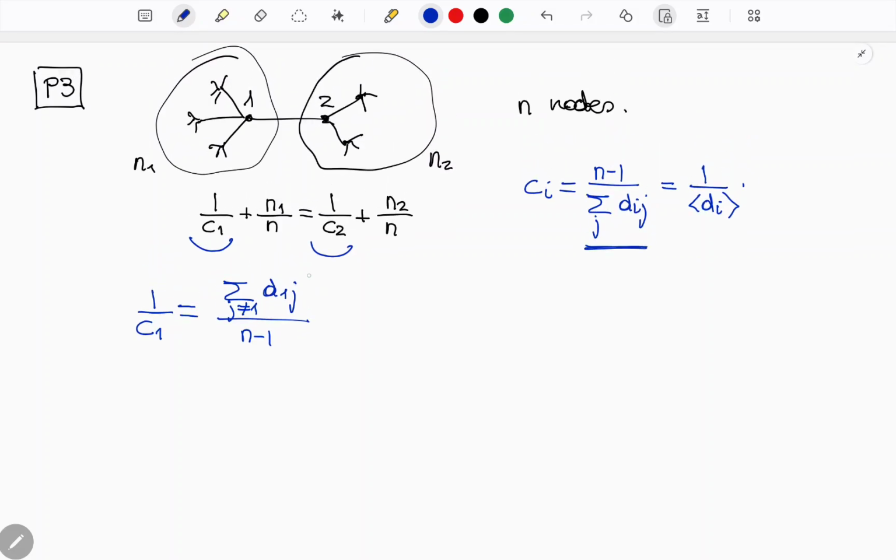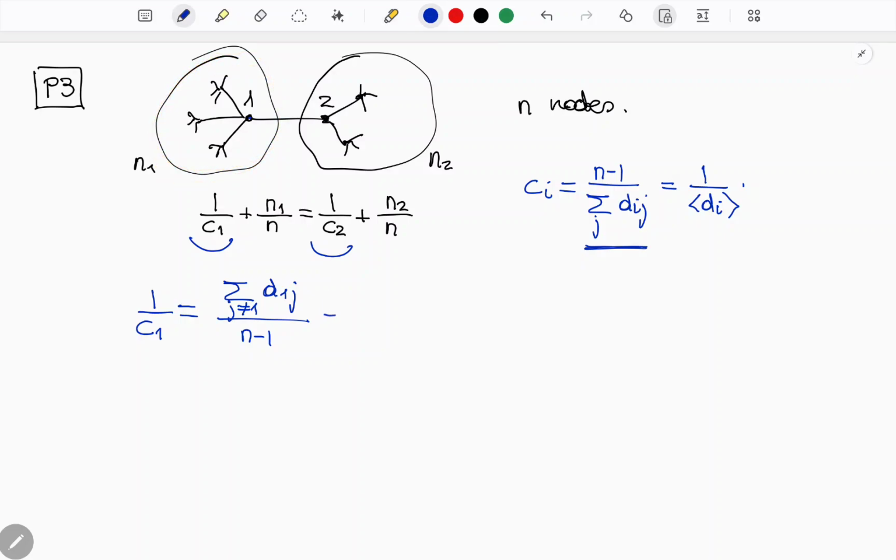Now we can see that we are going to have two different sets of nodes, the ones that are here and the ones that are here. For the ones on the left, it's just the usual.